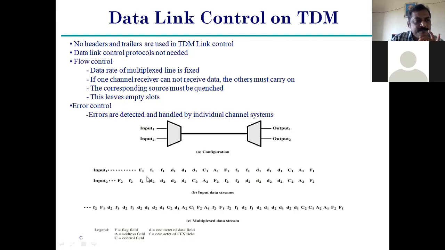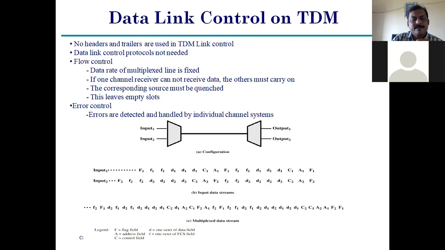The frame contains information, and whether that information is error free is identified using the frame check sequence. We will see the frame check sequence in the next class, don't worry.